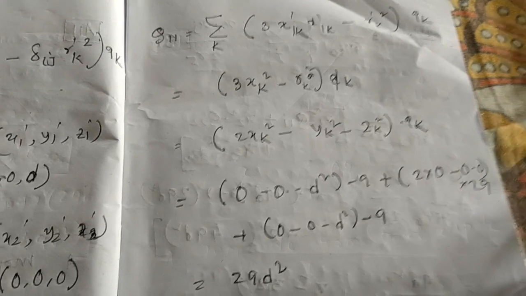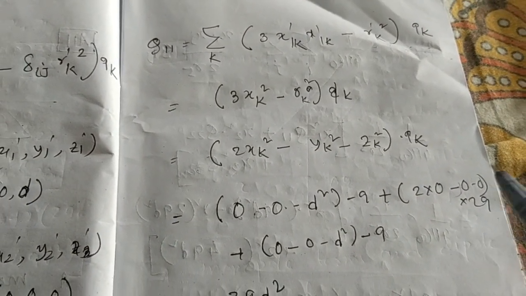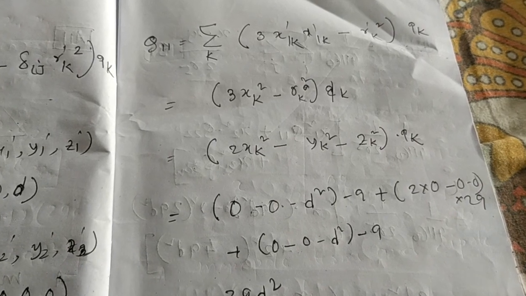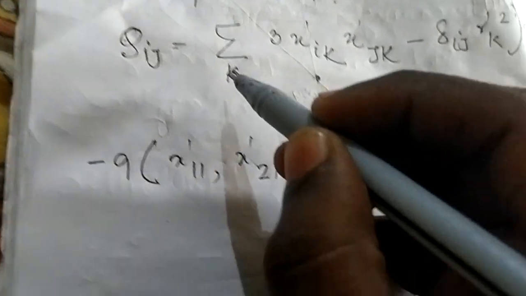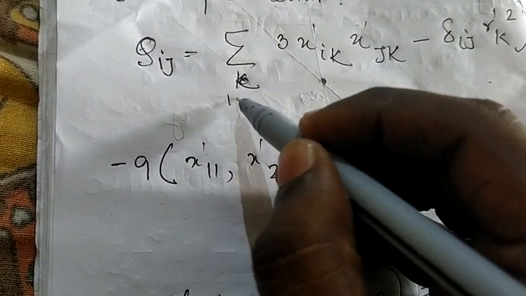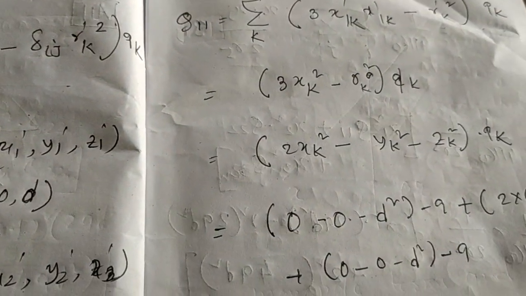As you can see, now we need to calculate one by one. At first, Q11. Okay, so you put, sorry, here it should be ij actually. Then you take the summation.